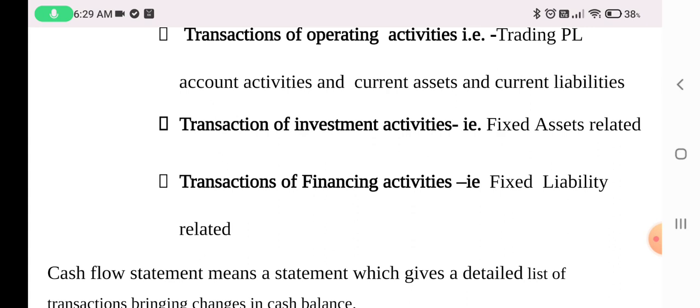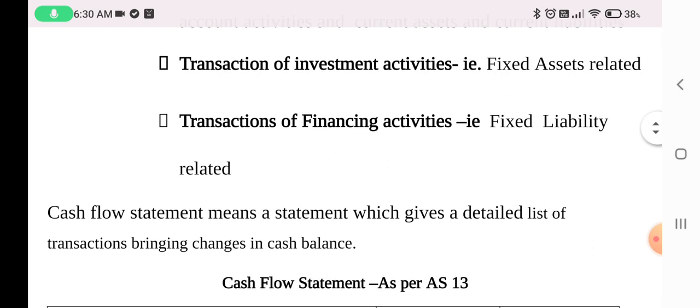So all these transactions are grouped into three categories. So we need to identify the transactions related to the operating activity, the transactions related to asset activities, and the transactions related to liability. All these are summarized and given in one statement. So the cash flow statement means a statement which gives a detailed list of transactions bringing changes in the balances.